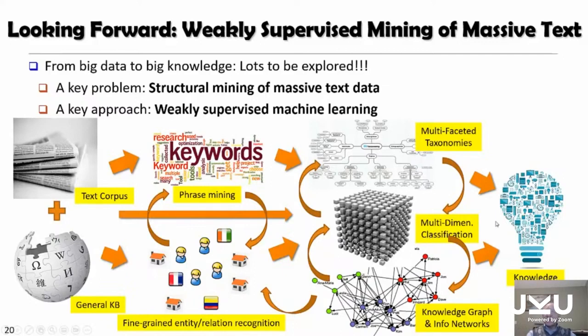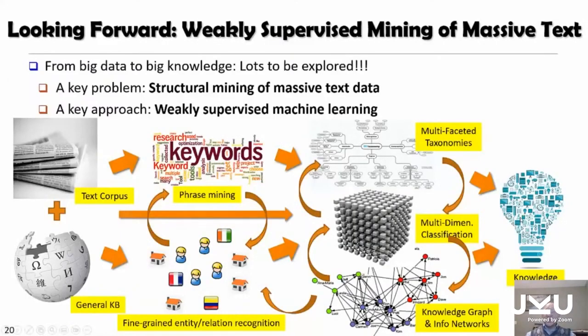Using these structured data, we should be able to systematically mine the knowledge out of text. Okay. So that's basically our general philosophy. Hopefully you think this philosophy will be very promising in future studies. Thank you.